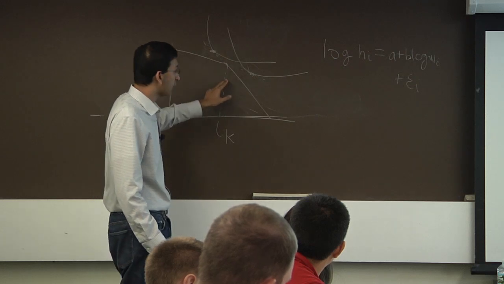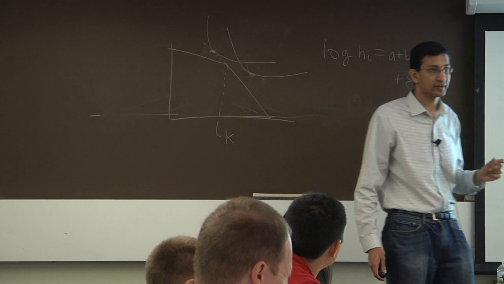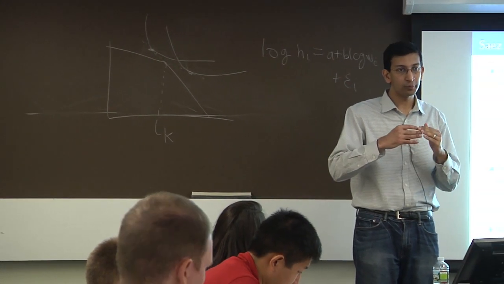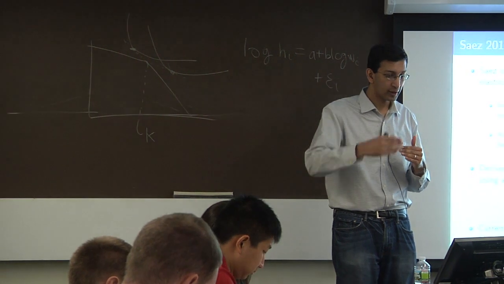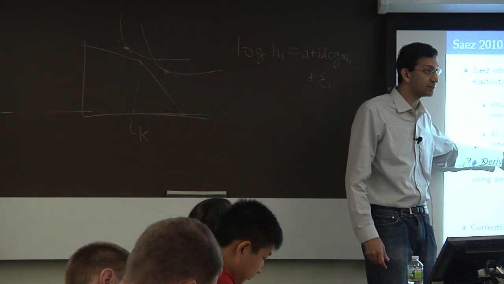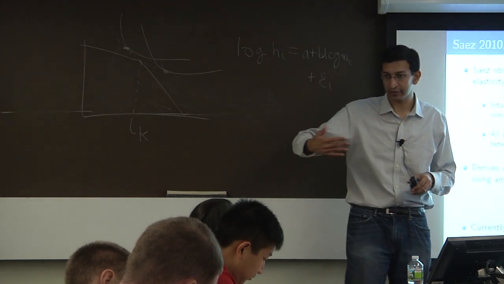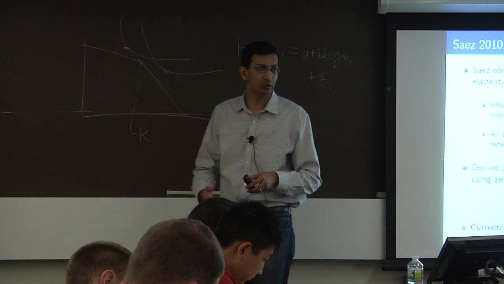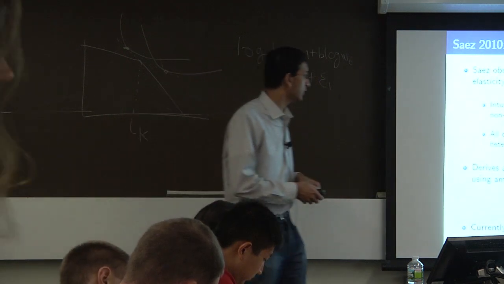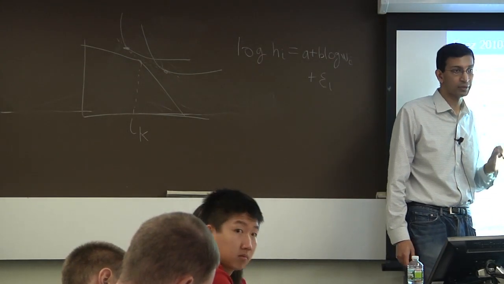But the amount of sharp bunching at this kink actually does directly identify the elasticity, because it's kind of like a regression discontinuity. The slopes are changing sharply at that point. So as long as I assume that the heterogeneity in tastes is smooth, that is, there aren't jumps in this underlying distribution that's producing nu, which is the standard assumption we make in all non-parametric identification, then I can identify the elasticity directly from the amount of bunching at kinks.